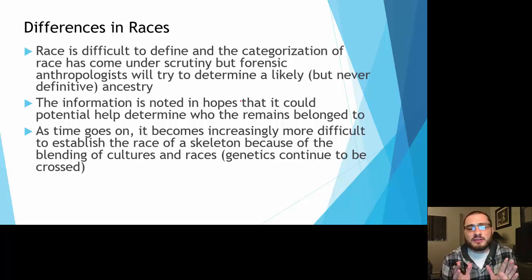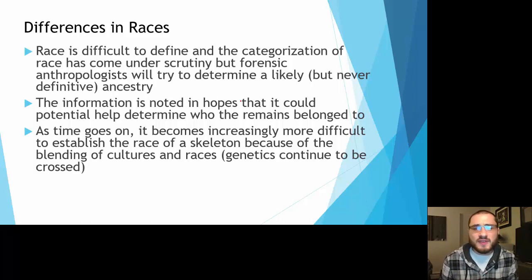We cannot definitively determine the exact ancestry, and we definitely can't determine the exact race of an individual, but we do like to try to pinpoint the most probable ancestry, and going by the most probable ancestry, maybe make a correlation to what the individual's race was.